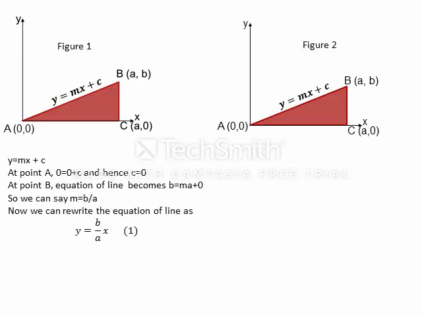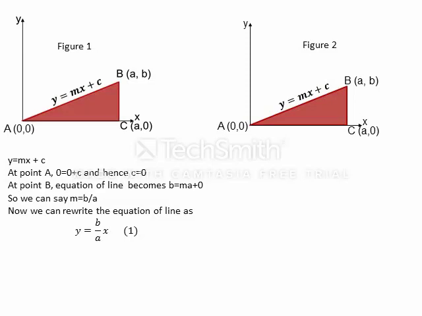Or else we can calculate the y-intercept by applying the boundary condition at the origin, that is 0, 0. Similarly, to find the slope m, I am applying the boundary condition of B, that is, we can rewrite the equation as b is equal to ma. From that, m is equal to b by a.